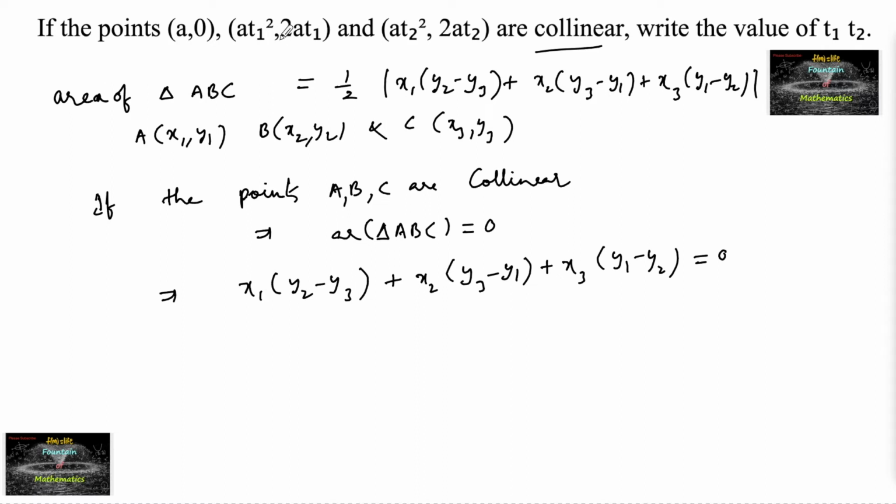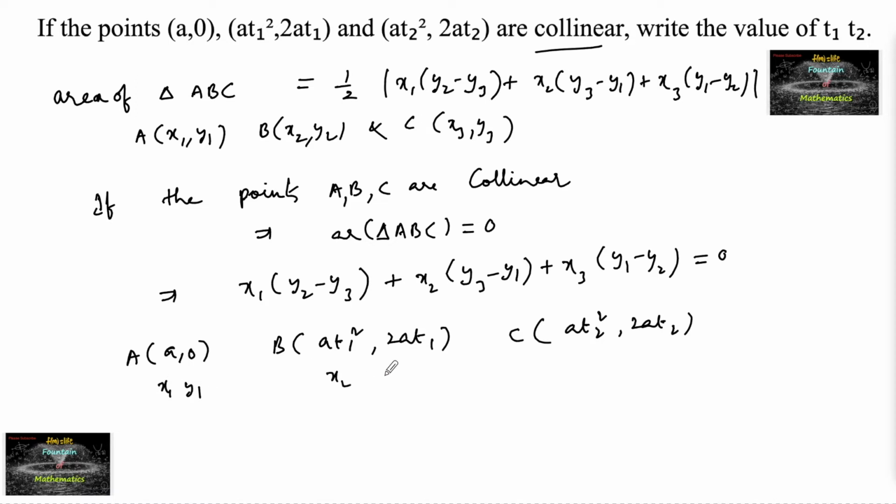So here the 3 points are given. Let us consider A(a, 0), B(at1 square, 2at1) and C(at2 square, 2at2). Say this is x1, y1, here x2, y2, and this is x3, y3. Given A, B, C are collinear, we can consider this condition.